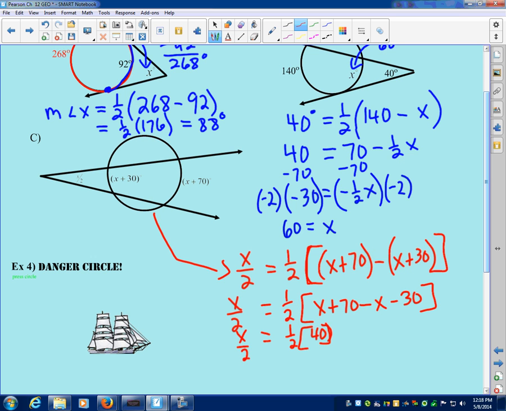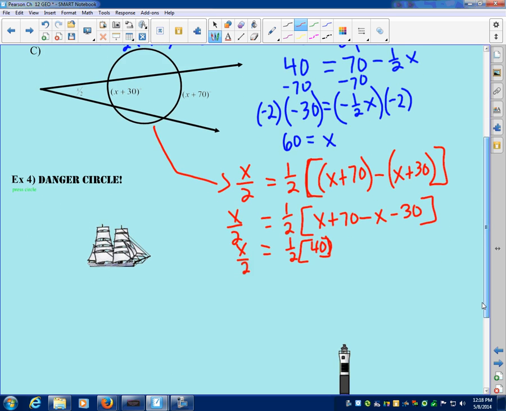X over 2 equals 1/2 of 40, which is 20. And multiply each side by 2, and I get x equals 40. You multiply both sides by 2 here and here, because the 2 is in the denominator.